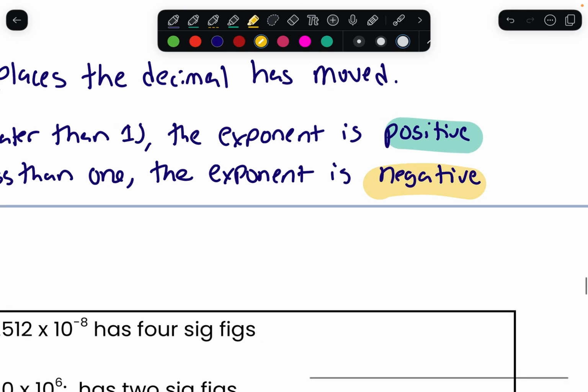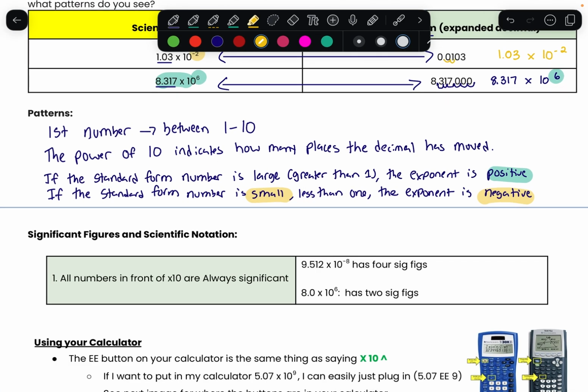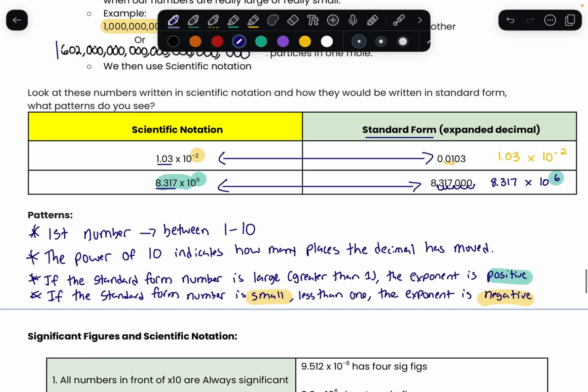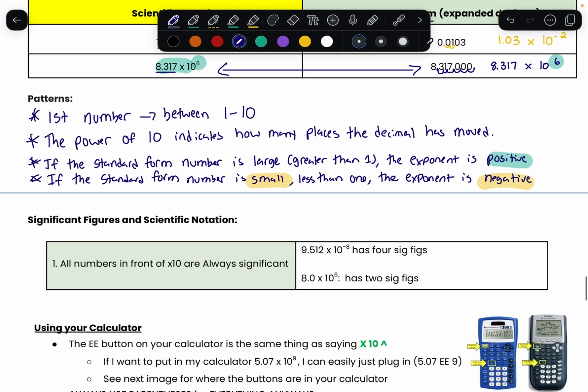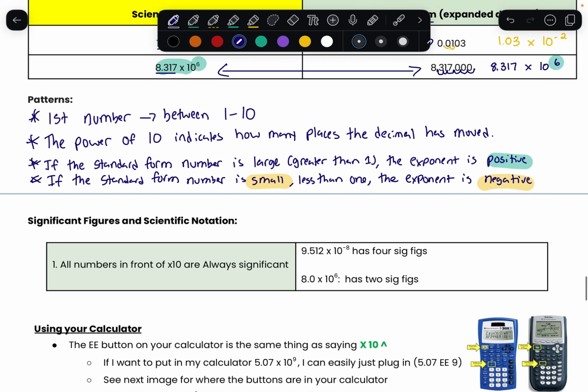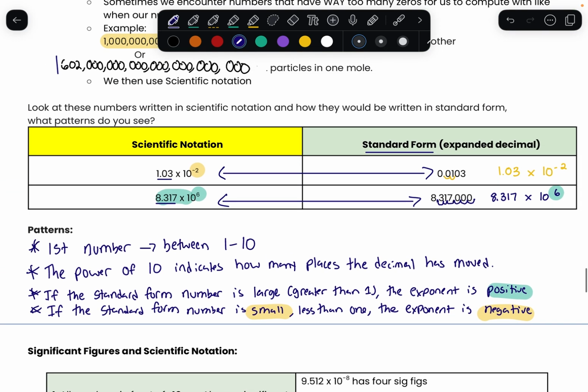Okay, that gets us our 3 general rules or patterns that we should have seen through this example. Now, one thing that I'll give you as a pro tip is we're going to practice how to do this in our calculator, and how to go between scientific notation and standard form. I was just going over the general patterns here.